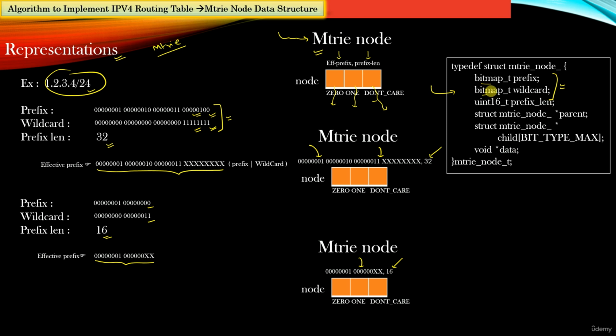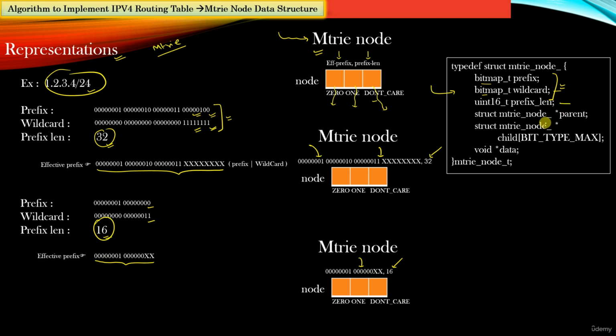Prefix len we already know. In this case the prefix len is 32. In this case the prefix len is 16. So the number of bits in the prefix and the total number of bits in the wildcard is the prefix len, and the prefix len of the prefix and wildcard is always going to be the same no matter what.